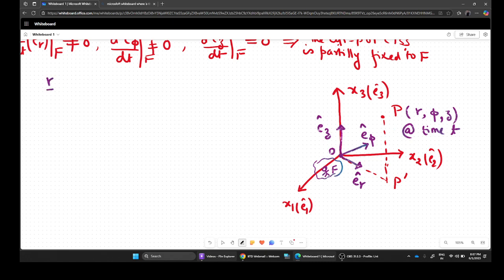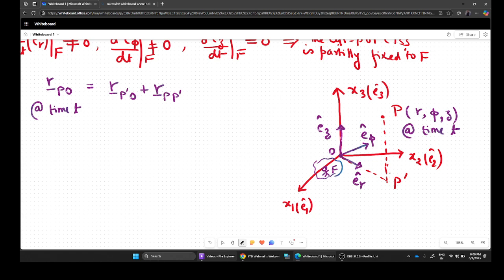How do we write RPO, the current position vector of the particle P in this coordinate system now? That will be written as vector RP prime O plus RPP prime, right?